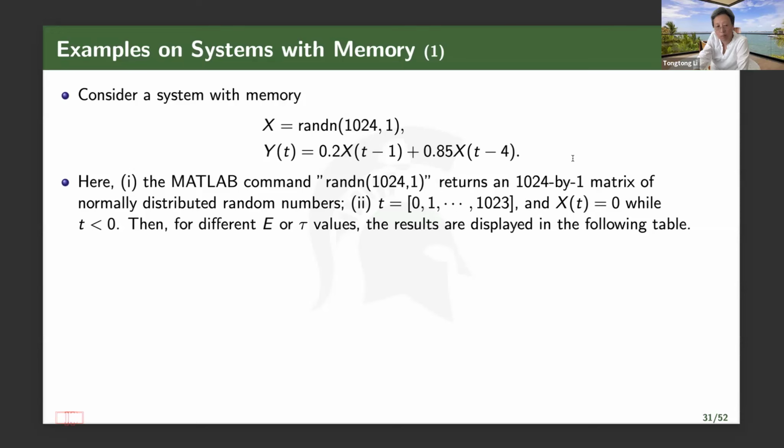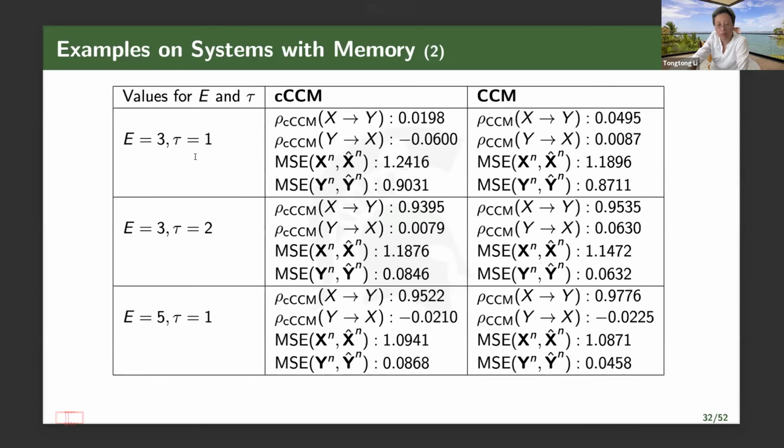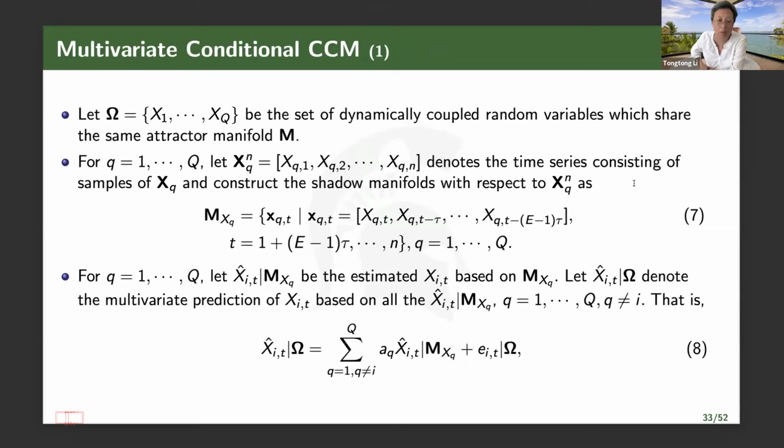Through this example, we can see that with different configurations, if we do not set it up correctly, it cannot detect the causality. This is just for those graduate students who are interested in using this algorithm. You're welcome to come to me and I will explain how to implement CCM in the right way for different applications.